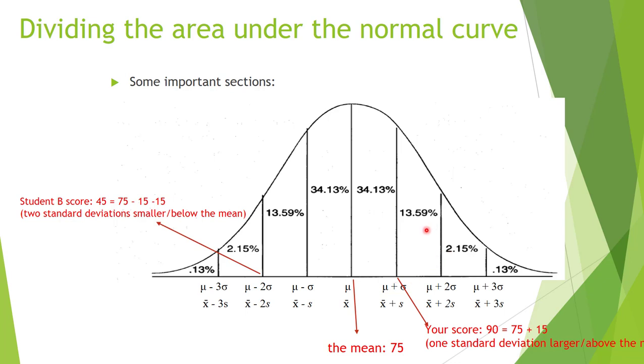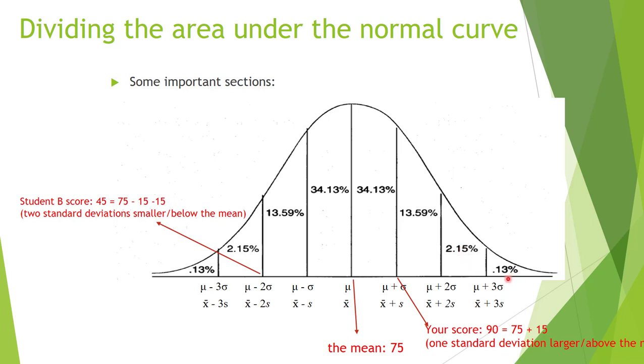What about this one? This one is between 1 standard deviation above the mean and 2 standard deviations above the mean, we have 13.59%. And the same thing, between 2 standard deviations above the mean and 3 standard deviations above the mean, we have 2.15%.